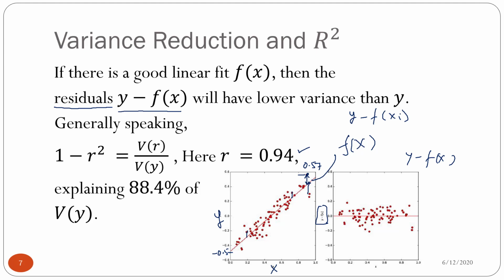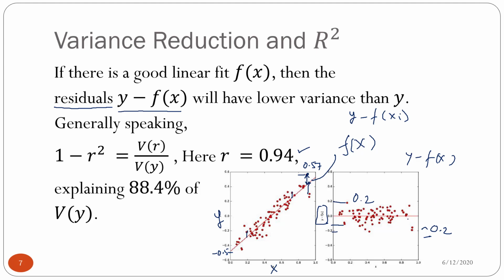Its mean is around 0, and look at the variation. This variation is very small, right? The smallest value is similar to minus 0.2, and this is 0.2. Okay, so here the range was almost 1, and here the range is 0.4.